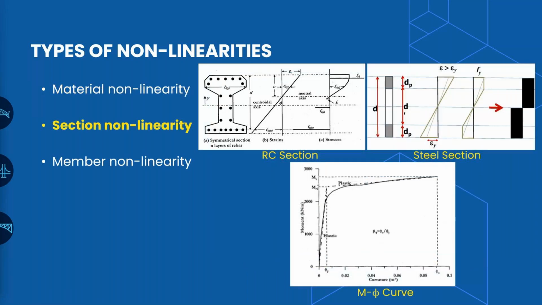Now, with this background, let us talk about section nonlinearity. There are two types of sections given here. One is the RC section and the other is a steel section.